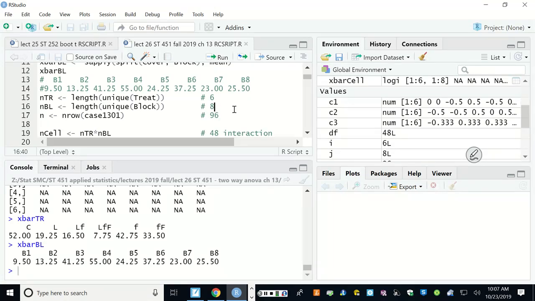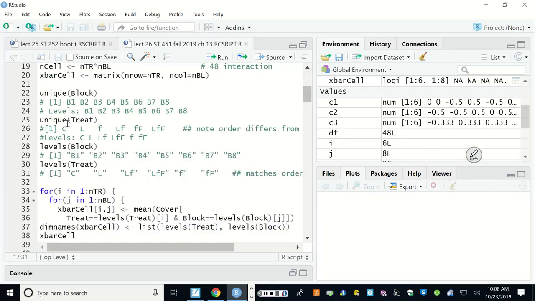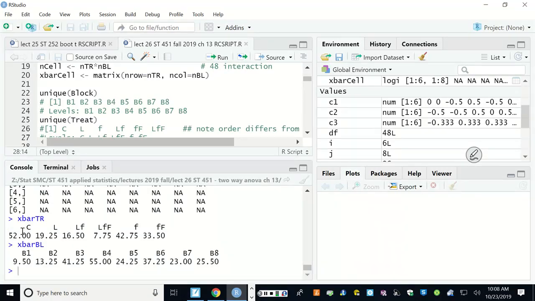You could sort them. So here are the blocks, just 1 through 8. The treatments, though, their unique levels are here, and it's a little bit different than what was in my X bar. CL, oh, it goes little f for this. So you want to be careful how you keep those things.